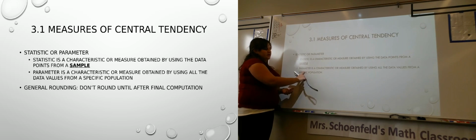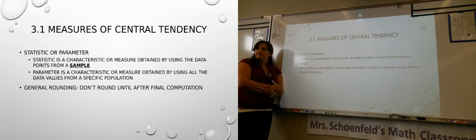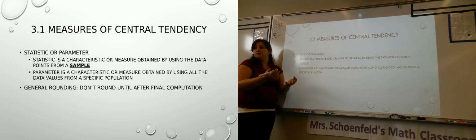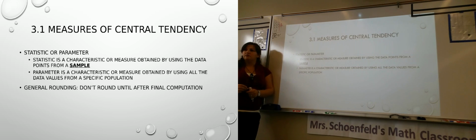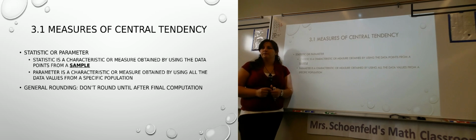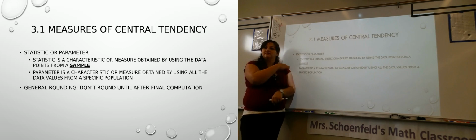A parameter is about a population, meaning they know everything about it. When we do a census, we find those parameters. In between those 10 years, when we're talking about those differences, we're talking about statistics.